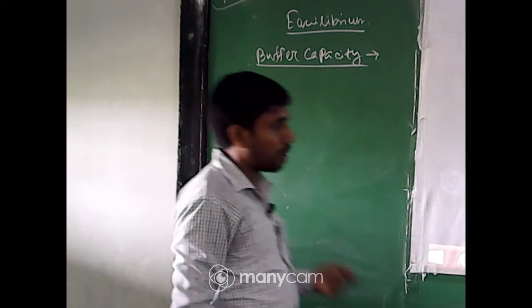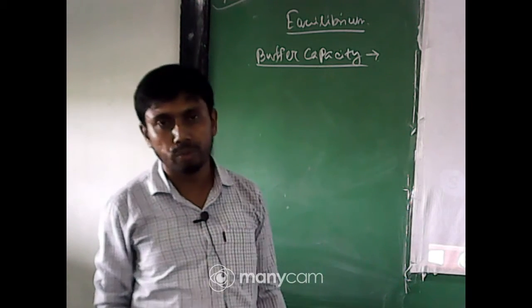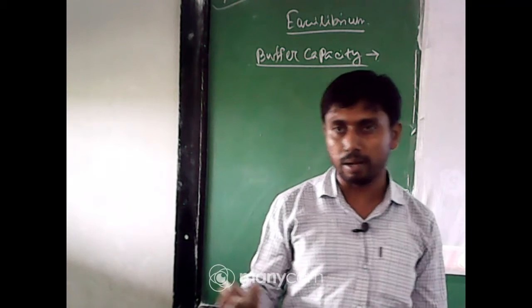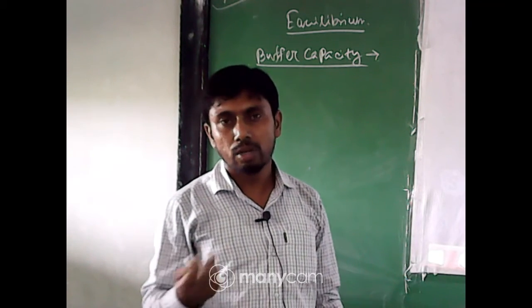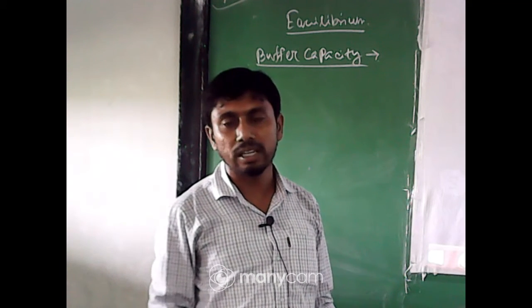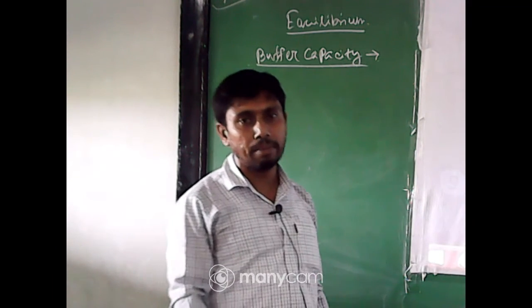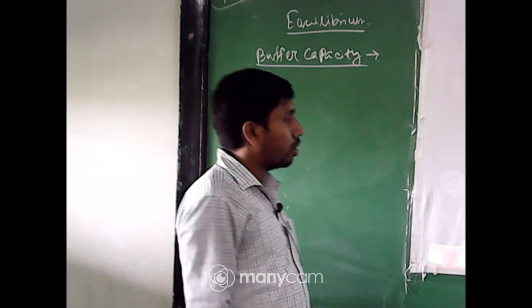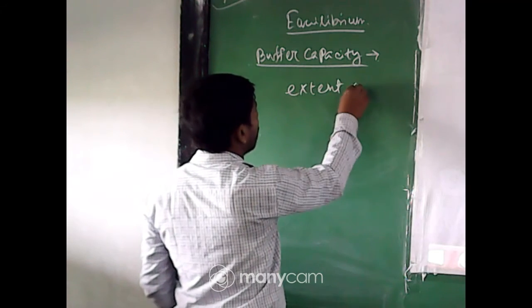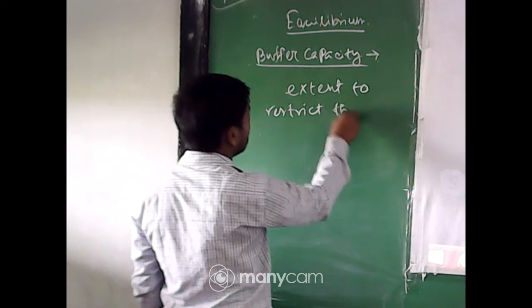Now, next one, that is buffer capacity. Buffer capacity is about to which extent. It is not that we are adding a large volume of acid or base, such as 100 ml of concentrated HCl or 100 ml of concentrated base. It is about 10 to 20 ml of acid or base. So what is the buffer capacity? It is the extent to which the solution restricts the change in pH.